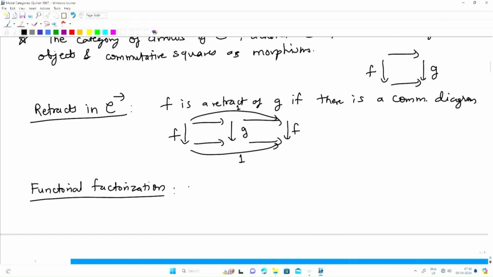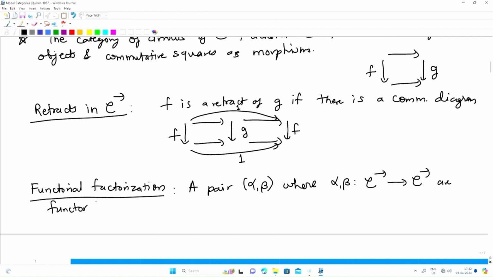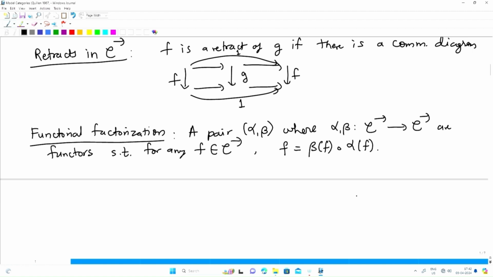So a functorial factorization is a pair alpha, beta, where alpha and beta are functors from the category of arrows to itself, such that for any F in the arrow category, F is equal to beta F composed with alpha F. We just gave it a name, and all the image factorizations we have seen so far were functorial factorizations.